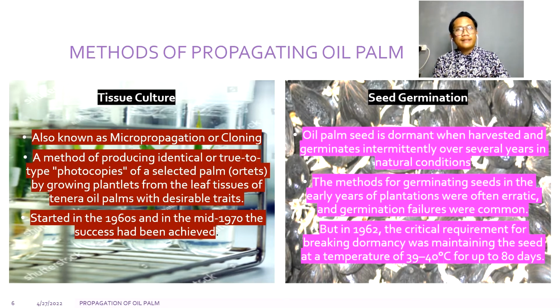The technique started in the 1960s, and in the middle of the 1970s it was proven to be a successful technique for propagating the oil palm.